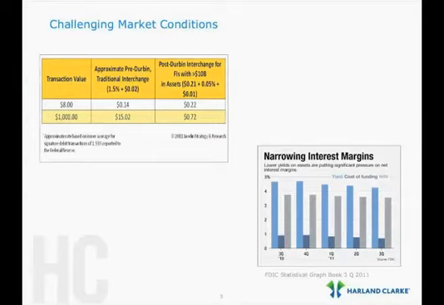This yellow chart from a recent Javelin study shows the significant revenue impact on larger transactions. Pre-Durbin, a $1,000 transaction provided about $15.02 of interchange revenue, whereas post-Durbin, that same transaction is worth just 72 cents.